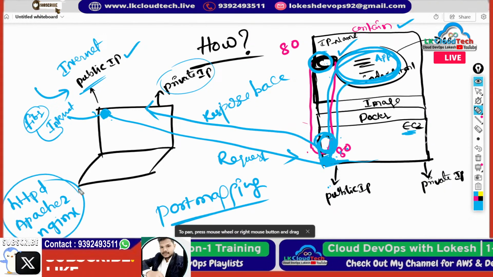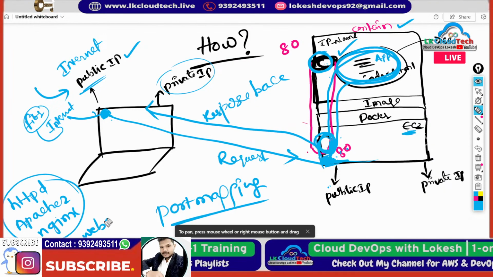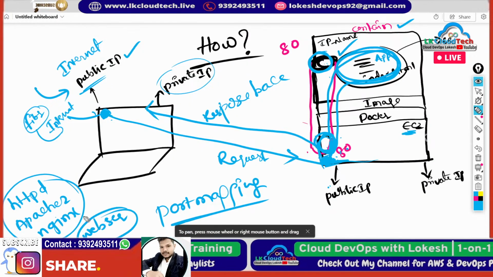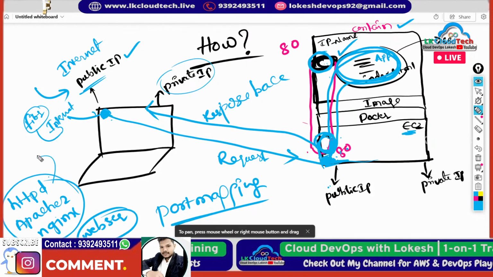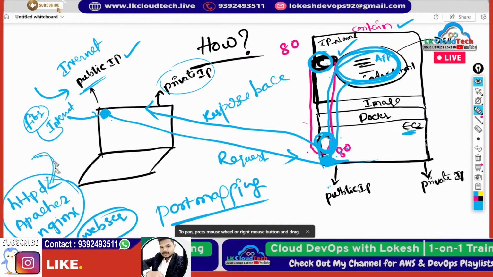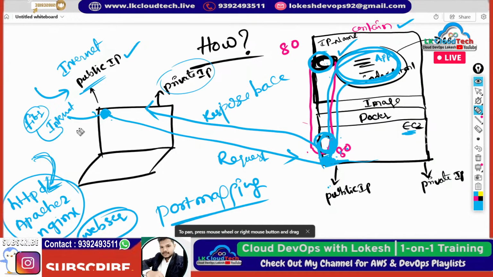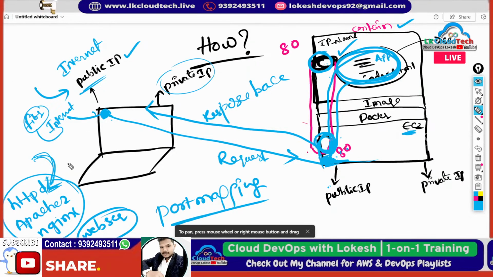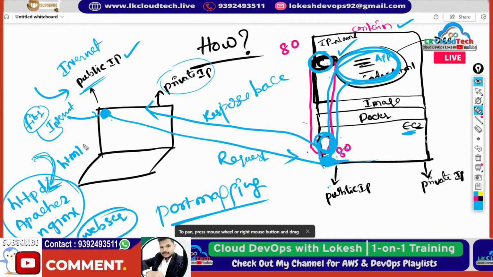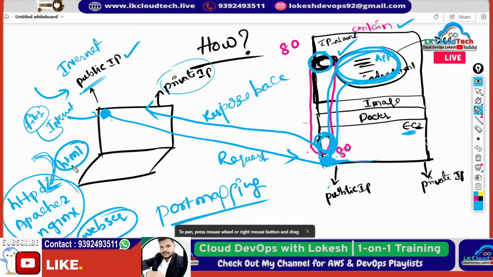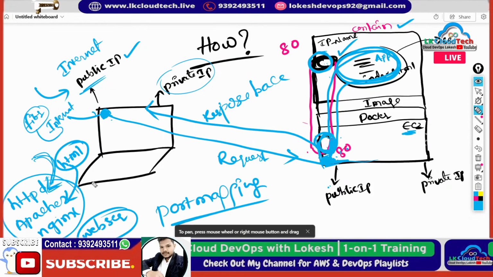So these are all web servers. Using these web servers, we can deploy our code into the server. For example, in my case, HTML is the code. I deployed my code in this Apache 2.